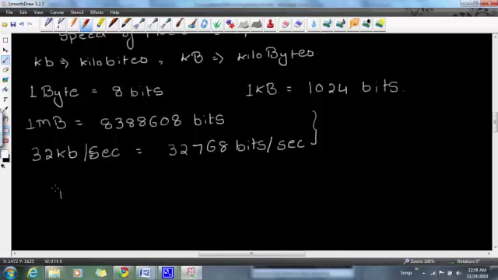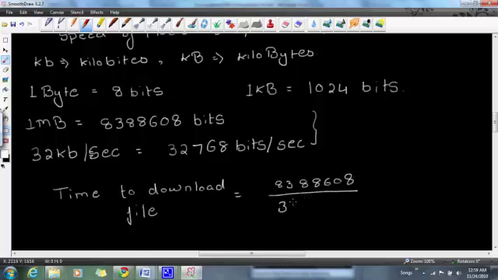So the time taken to download the file is equal to the size of the data that is to be downloaded, that's 8388608 bits, upon 32,768 bits per second, that is the speed of download.